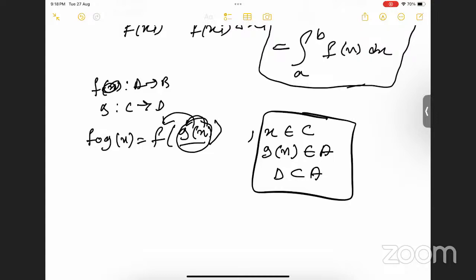You should first know the domain of both functions, right? Otherwise, you cannot apply these things. So you need to know the domain of both functions, and then only you can verify whether the function is defined in this domain or not.